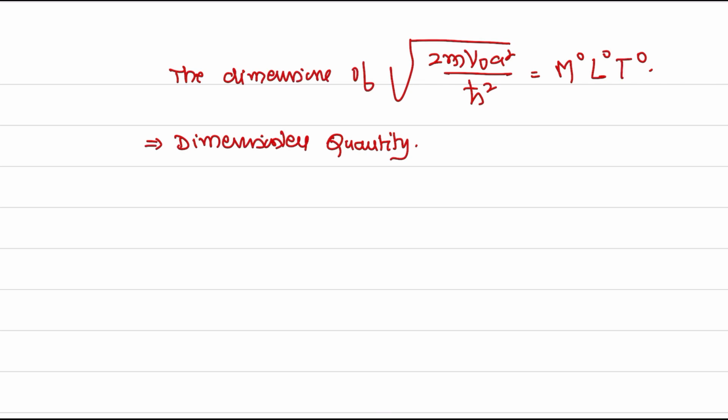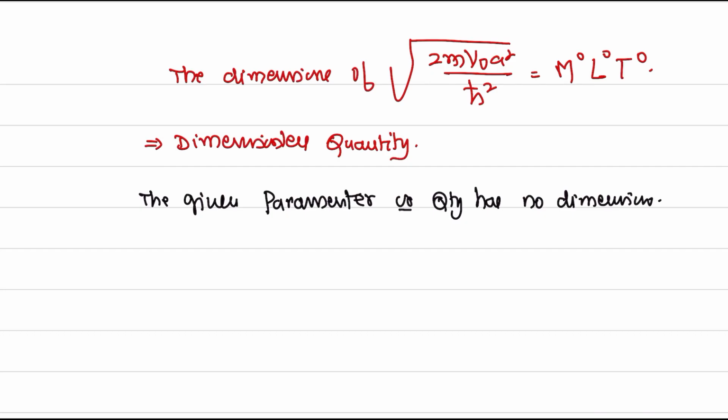Hence, the answer for the above question is that the given parameter or quantity is a dimensionless one. The parameter or quantity has no dimensions.